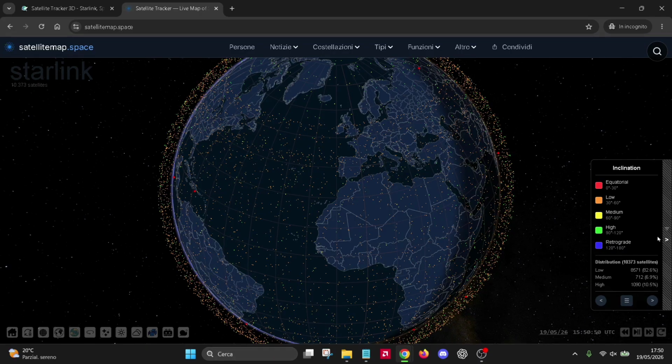Instead of a small number of large satellites, operators increasingly deploy fleets of smaller spacecraft working together as coordinated networks. This architecture improves redundancy, scalability, and global coverage. Satellite Map makes this trend immediately visible.